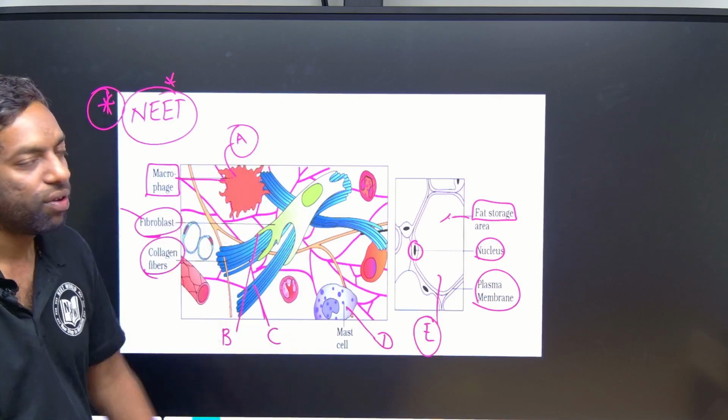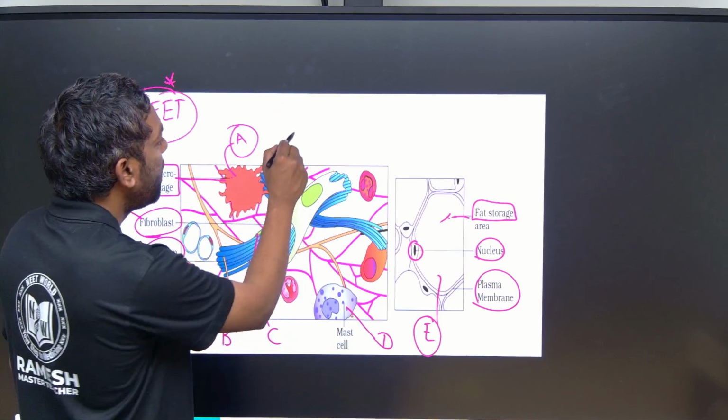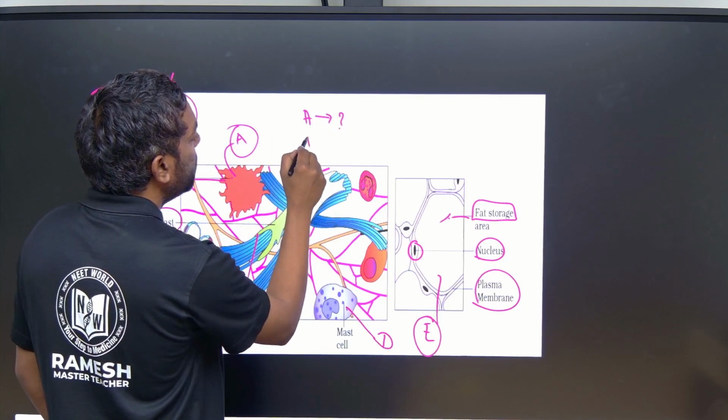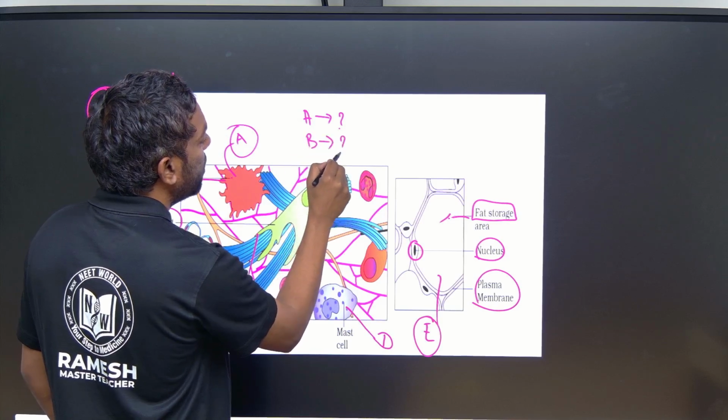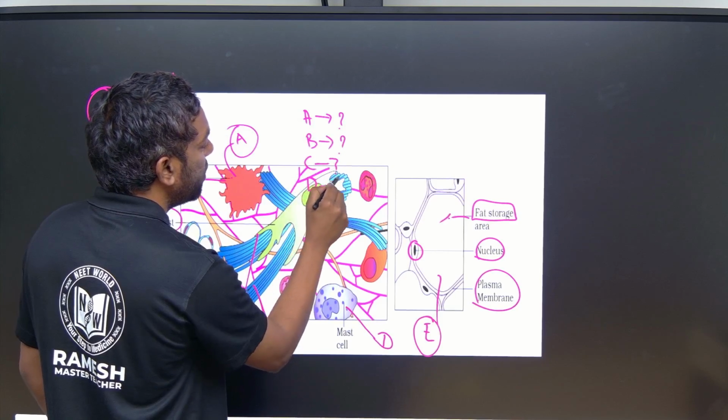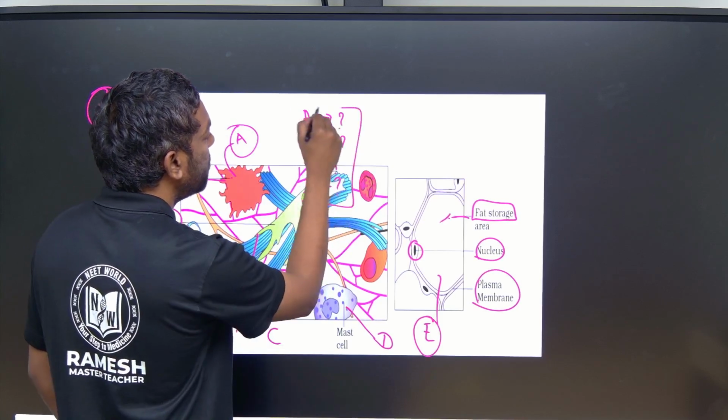They can give you blanks like A is what, B is what, C is what, D is what.